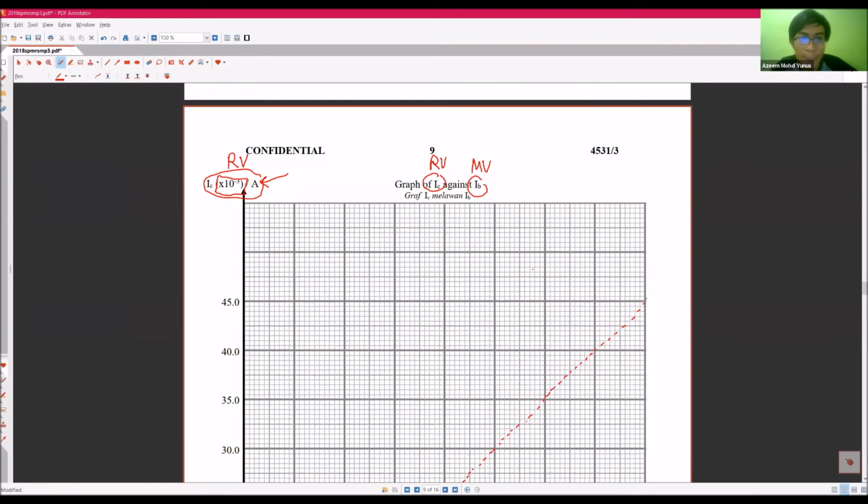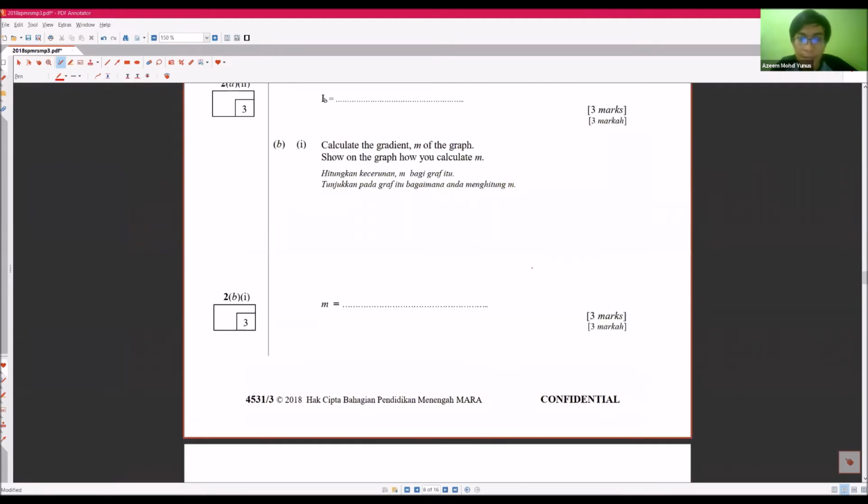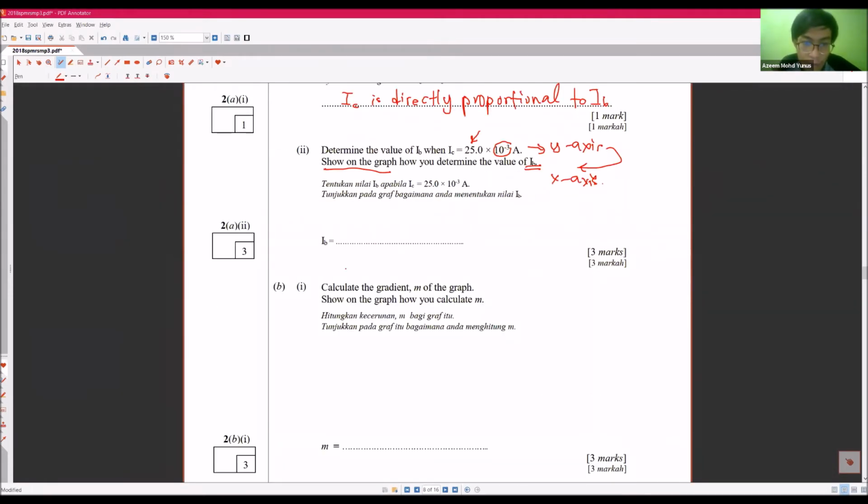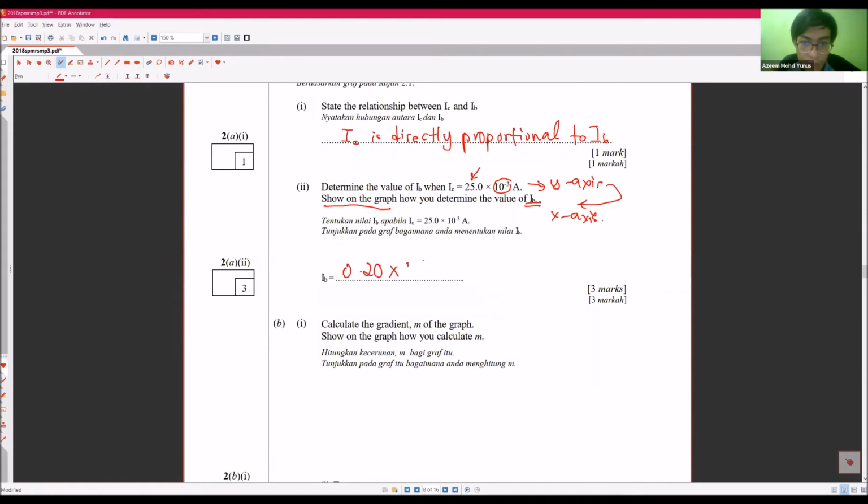This is the correct answer. The first mark is for the extrapolation. The second mark is for the interpolation. And the final mark is for 0.20 times 10 to the power of negative 6, including the correct unit as well as the multiplier. So there is a lot of detail over here, because you might lose marks somewhere if you are not careful.